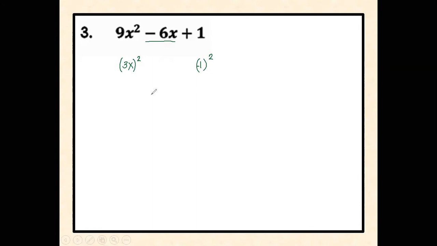To check if the middle term is correct, we will just multiply 2 times the square root of the first term, which is 3x, and the square root of the last term, which is negative 1. So 2 times 3x times negative 1 is negative 6x. So therefore, it's correct. Now, we could write the factors of this perfect square trinomial by putting the first term here, 3x, minus 1, squared.